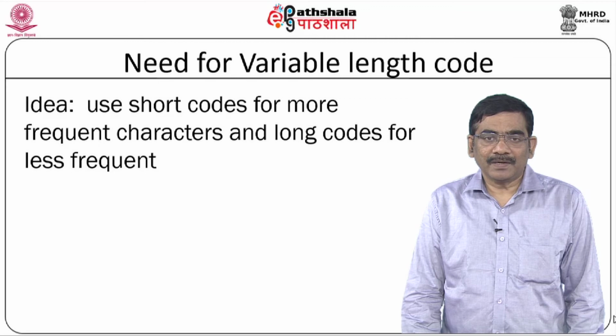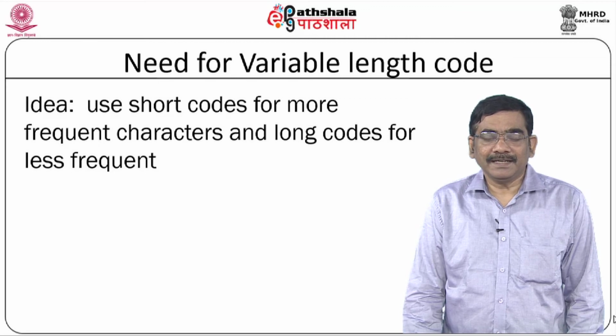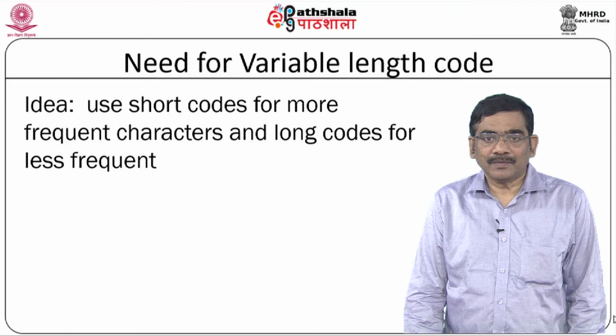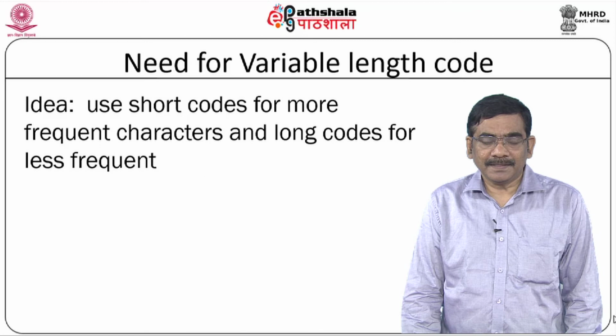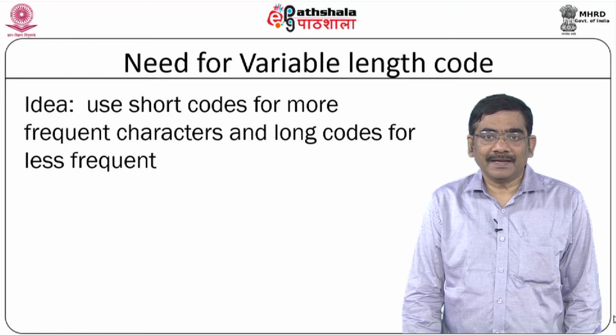In other words, we are looking at information content. If a symbol comes very frequently, it is not very important, so we use a very short code to represent it. If a symbol comes very rarely, the information content is very high, so we go for a longer code.